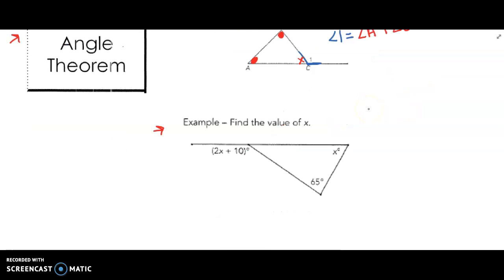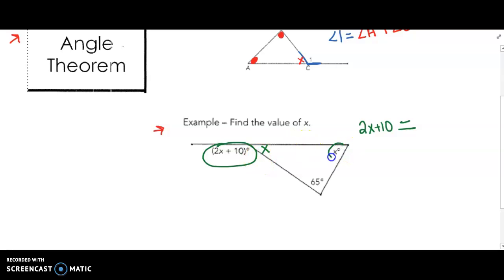All right, so let's look at this figure below in this example. So it says find the value of x. Okay, so the exterior angle, which is right here, so 2x plus 10, that's going to be equal to the two non-adjacent interiors. Well, non-adjacent, that means we can't do this one.